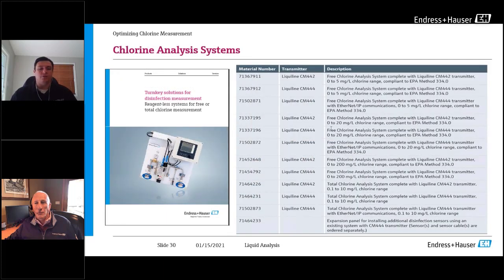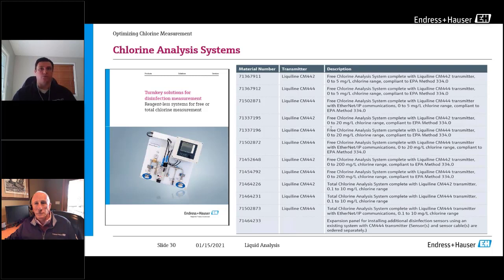All right, I'll show you this. This is in that product flyer that we have, but it's just to show all the different versions we have. So we have a trace, a standard, and a high-range free chlorine probe with our CM442 transmitters, our CM444 transmitters, and then we also have a version with Ethernet IP. And then for total chlorine, there's just one probe for that.